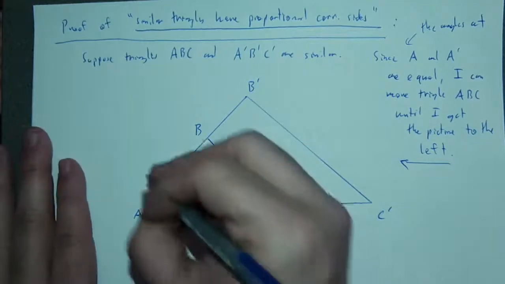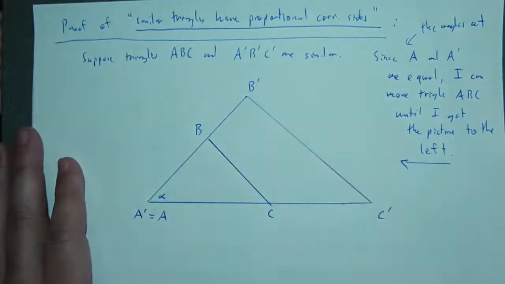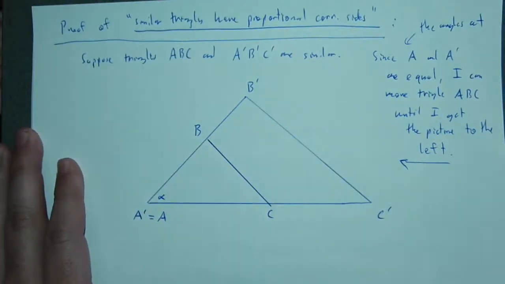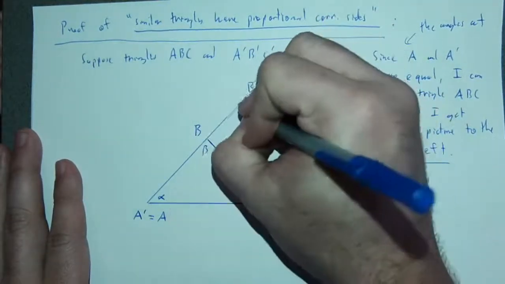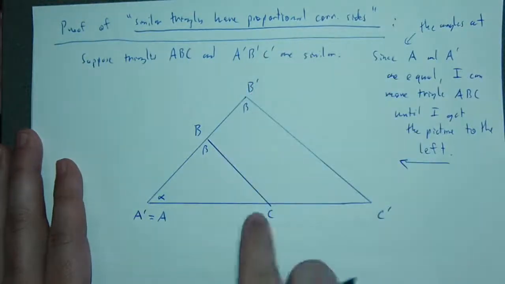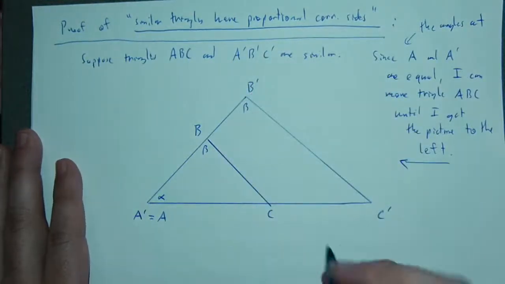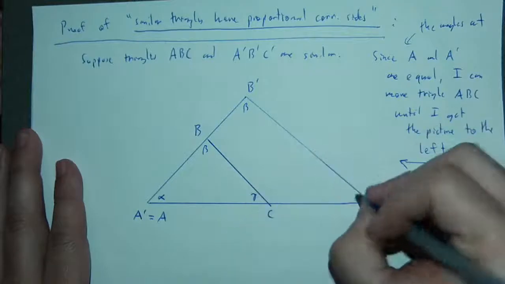And so we called this angle at A prime and A alpha. We called the angles at B and B prime both beta. We called the angles at C and C prime both gamma.